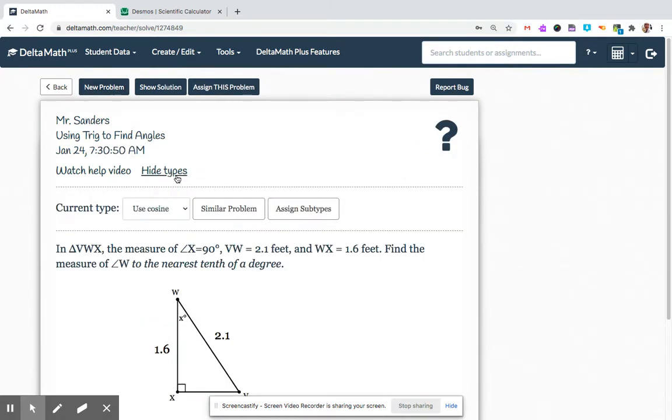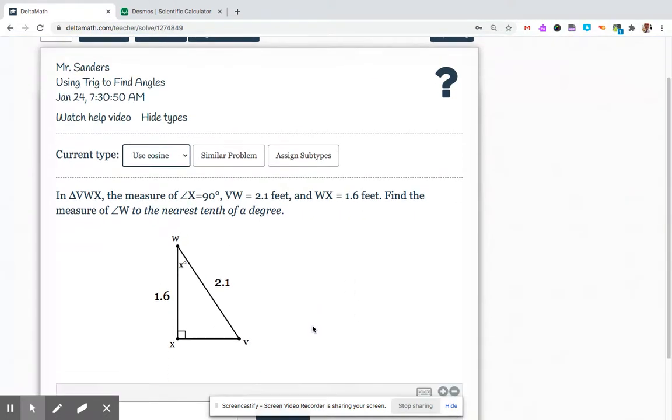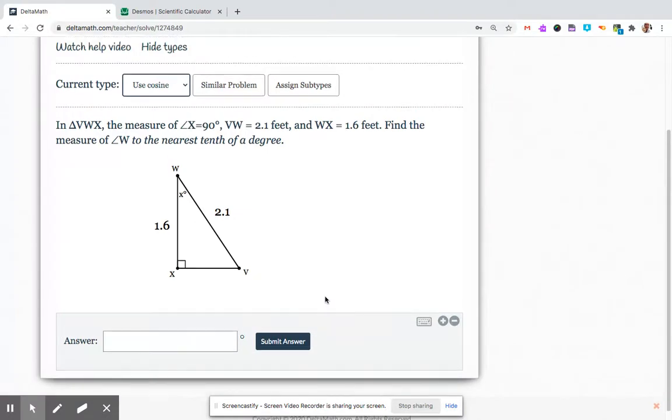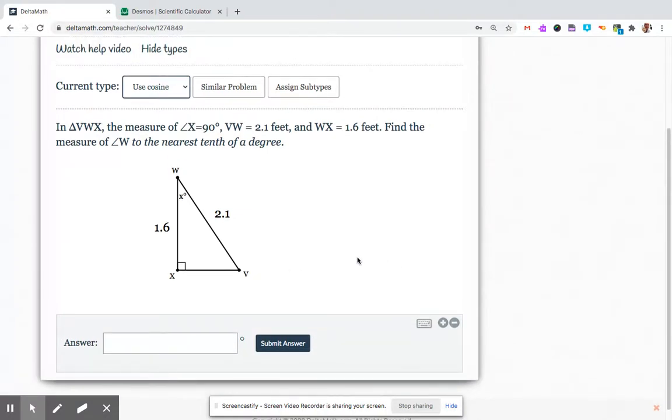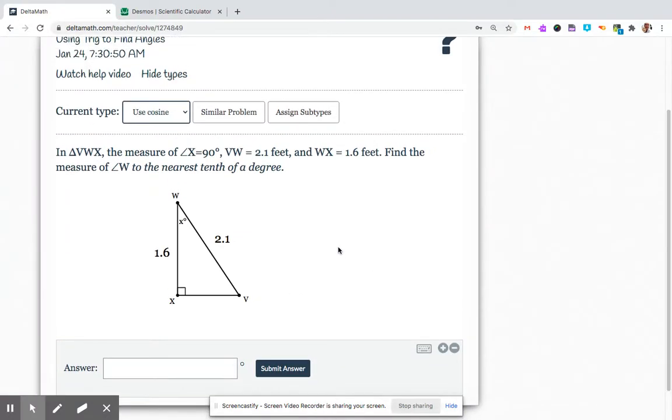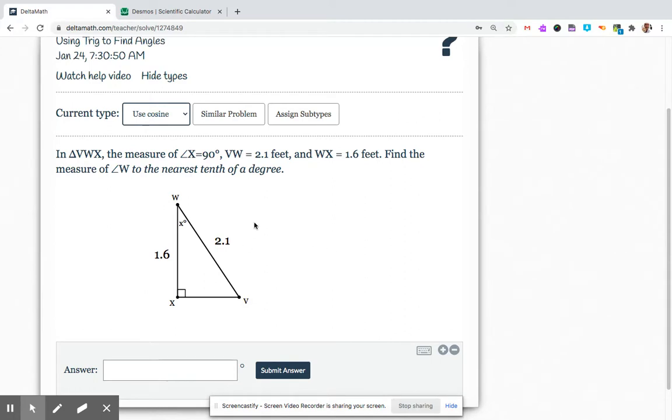See what the different problem types are, using cosine, sine, or tangent. All of these are going to be exactly the same type of problem. Just make sure, like I said, you're in degree mode on your calculator. If this were tangent, it's not, it's cosine, but if it were tangent, tan inverse is going to be equal to what?